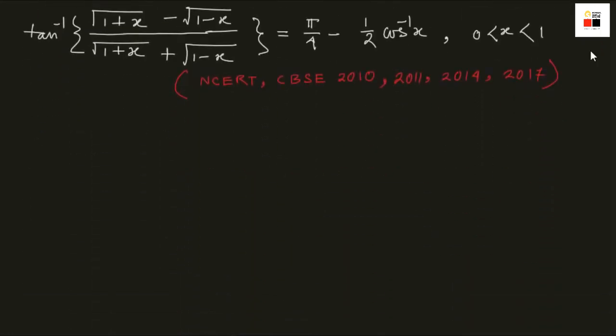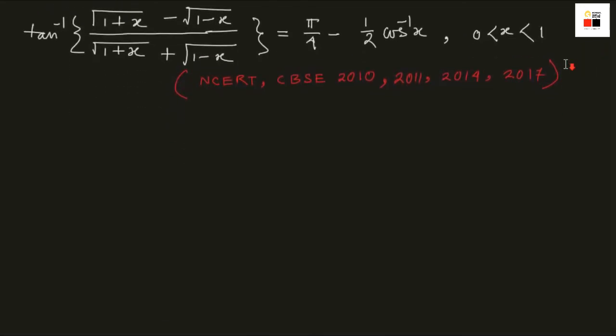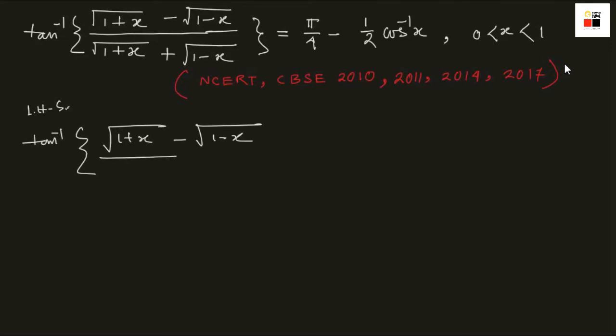Next problem is tan inverse of something is equal to something. We have to prove this. In this case, left hand side is tan inverse of under root 1 plus x minus under root 1 minus x divided by under root 1 plus x plus under root 1 minus x.